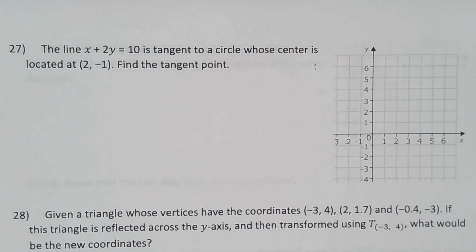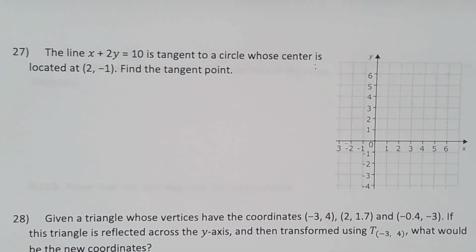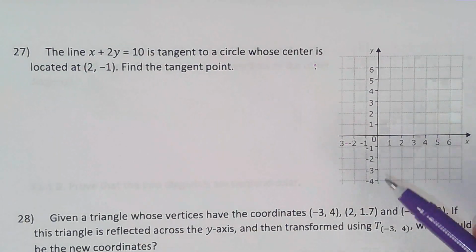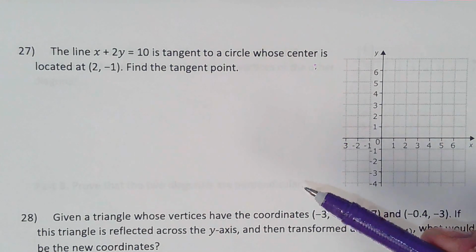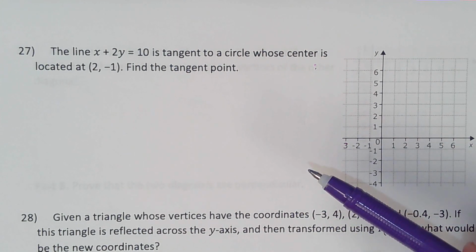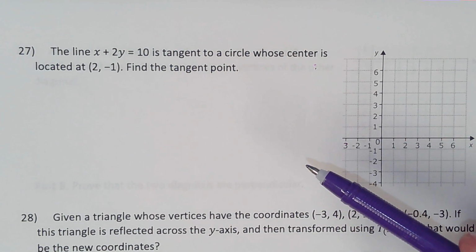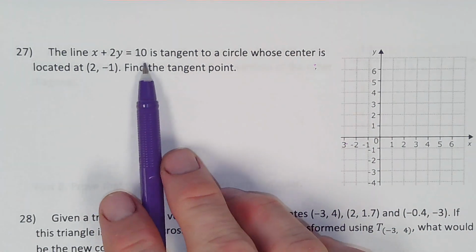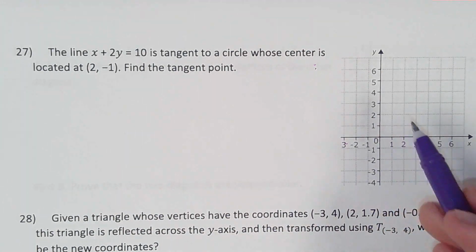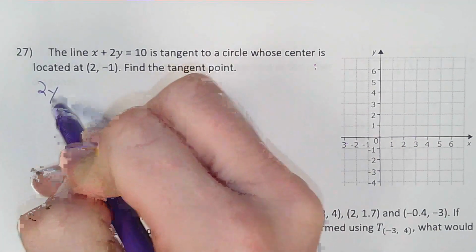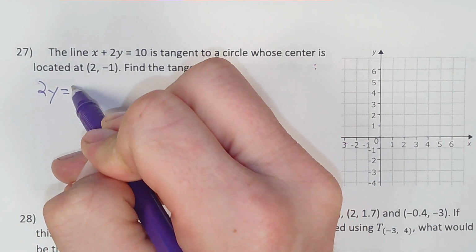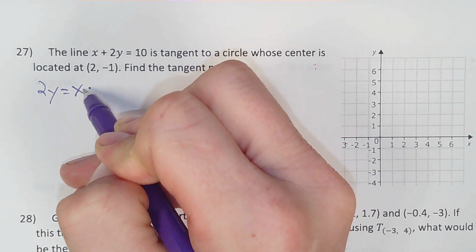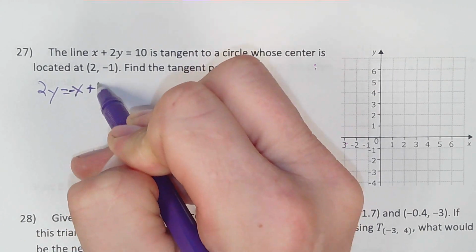All right, number 27 was a tough one for some people. We've got to find a line, x plus 2y equals 10, with a center point that goes through negative 2y. All right, so let's first make this in y equals mx plus b form. So 2y equals negative x plus 10.